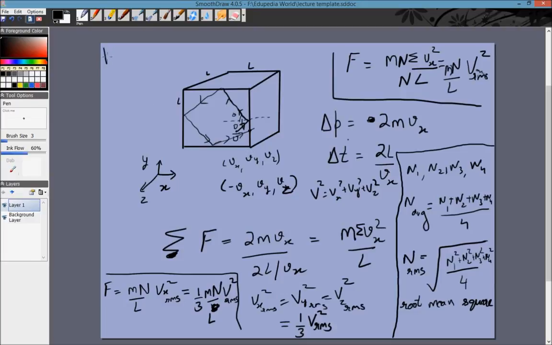So the pressure on a particular wall will be 1/3 mN by L cube V RMS squared. But m is the mass of one particle, N is the number of particles, L cube is the total volume. So this becomes the total density of the gas. From this we get our first important relation, P is equal to 1/3 rho V RMS squared.